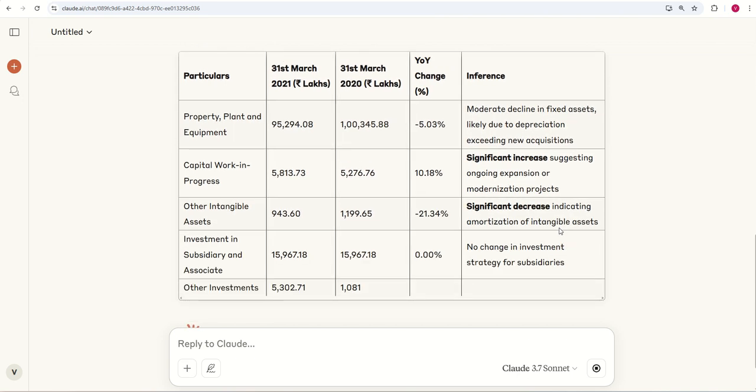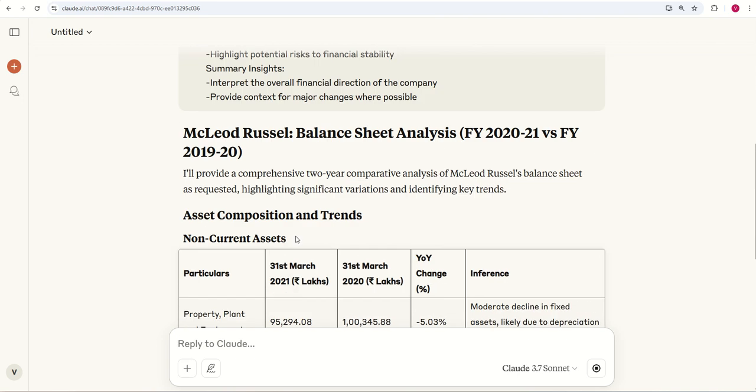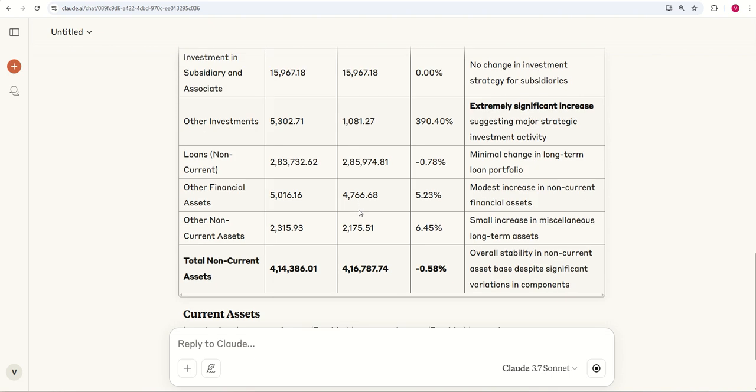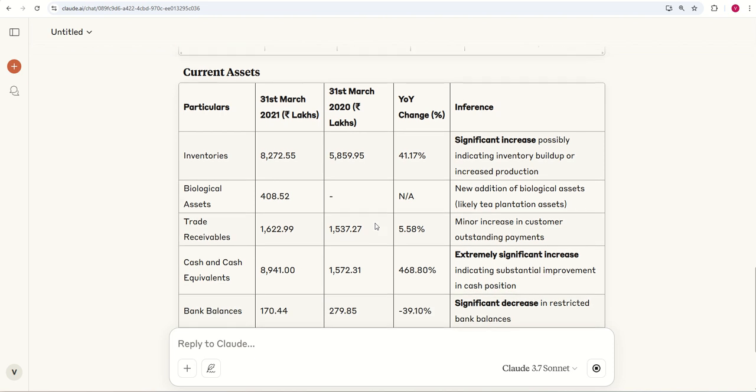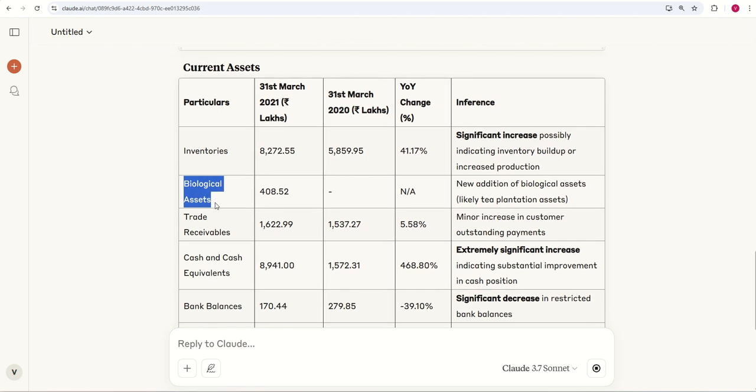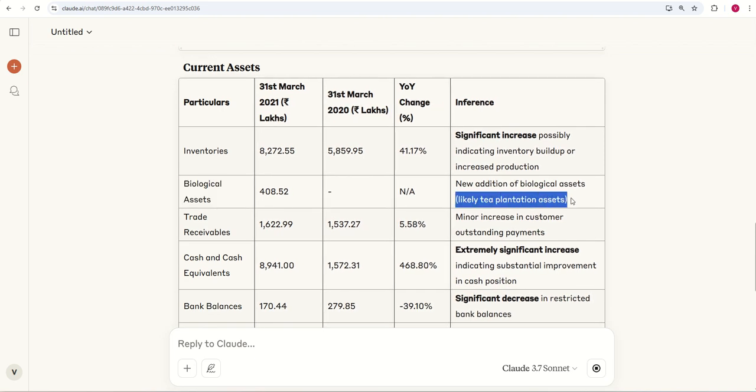Here too we have a similar pattern. It starts with the non-current assets, tabulates all the non-current line items, then followed by the current assets. There is something called biological assets in this statement, so it is guessing that it could be a tea plantation, because the most interesting part is that this is a company which is into the tea business, and it says likely tea plantation assets.